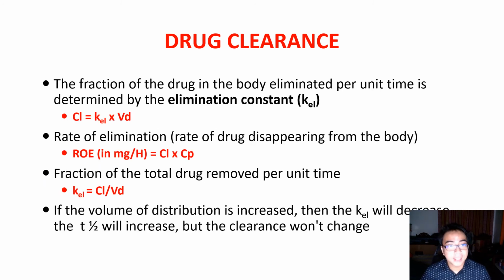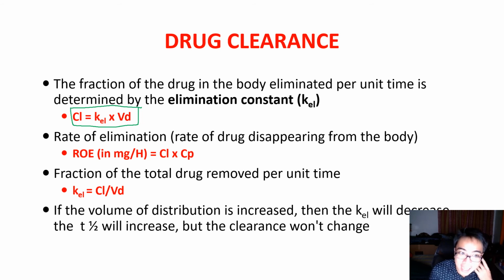So, for drug clearance, class, we can compute for the fraction of drug in the body eliminated per unit time. Okay? So, such as VDK. Or, we can determine the rate of elimination. Now, class, please take note, hindi ito yung K na rate of elimination or elimination constant natin. Okay, rate of elimination, class, in terms of how much drug is eliminated every hour or how much drug is eliminated every minute. Alright?